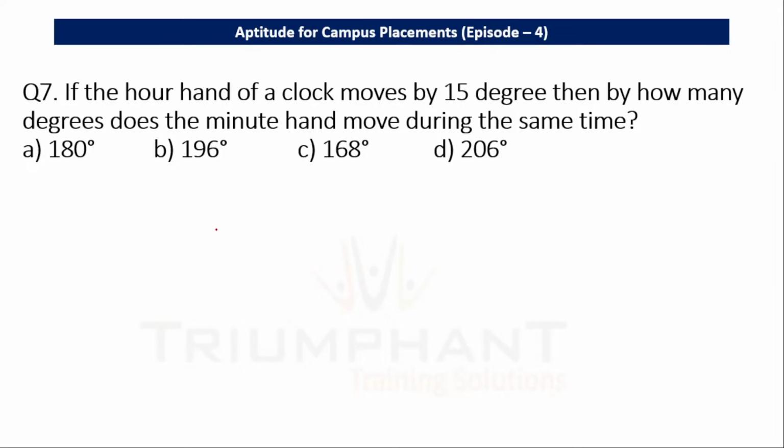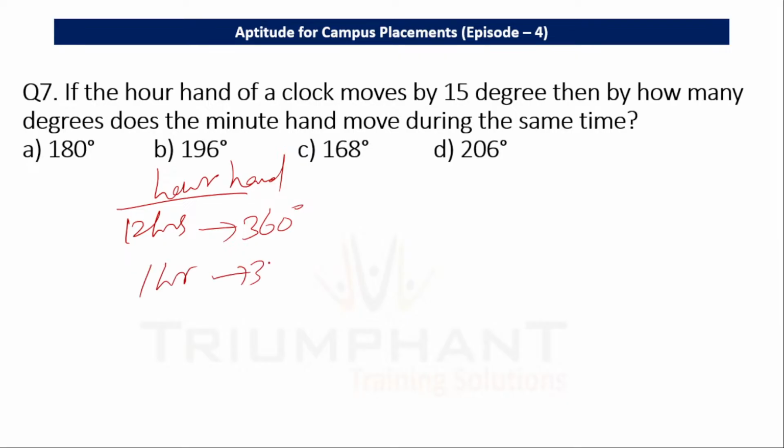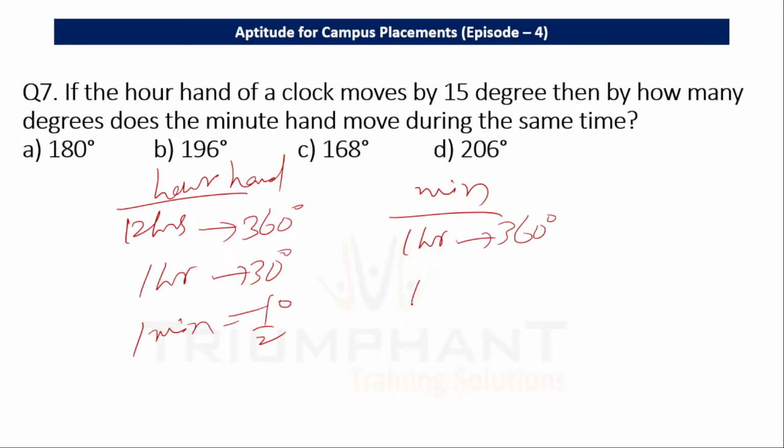In clocks, we know that the hour hand takes 12 hours to travel 360 degrees. Then in 1 hour it is 30 degrees, and in 1 minute half a degree. Whereas the minute hand in 1 hour itself travels 360 degrees, so in 1 minute 6 degrees.